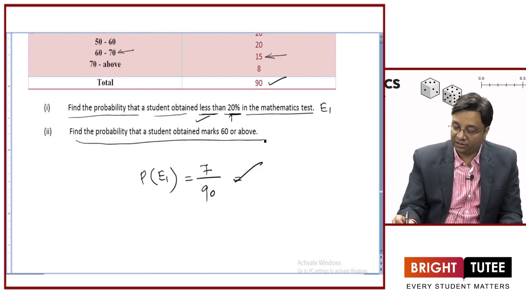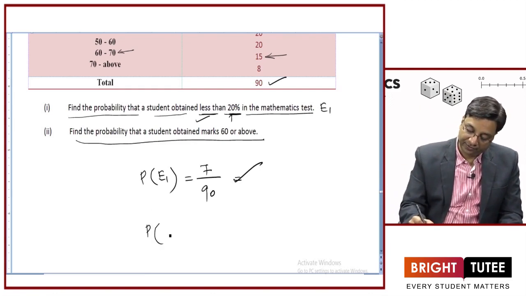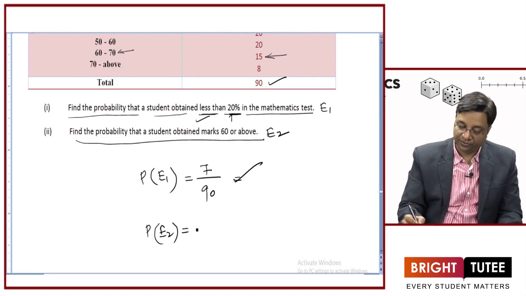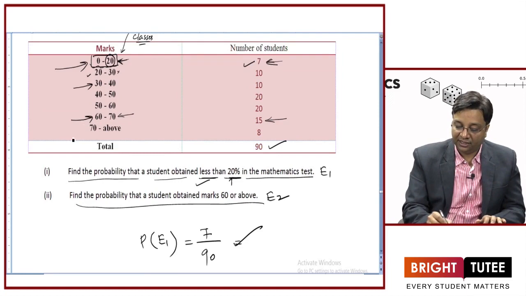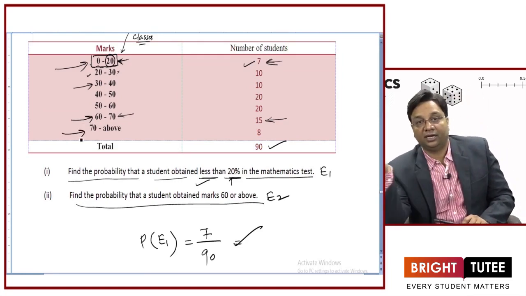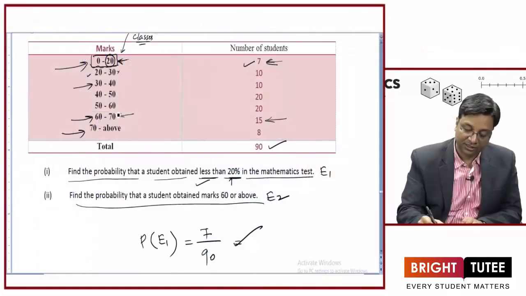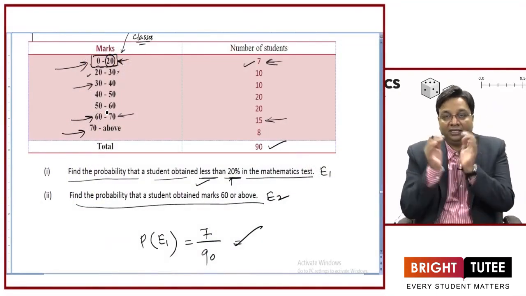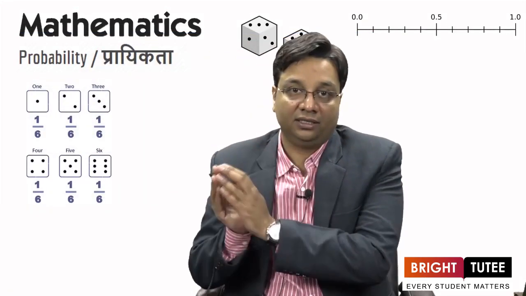Find the probability that a student obtained 60 or above. So, probability, let us say this is event 2, probability of E2 is 60 and above. That means this class and this class. When I say class, I do not mean the class in their school, right? I mean class of marks. That 60 to 70 marks is a particular class, 70 and above marks is another class.